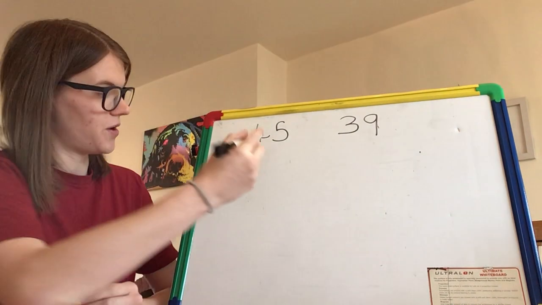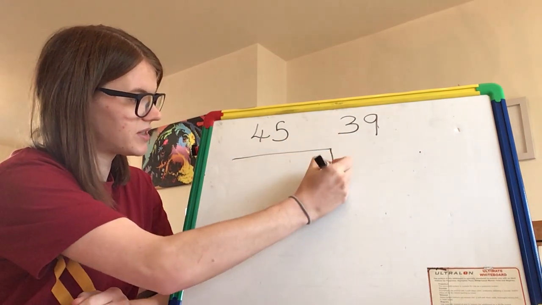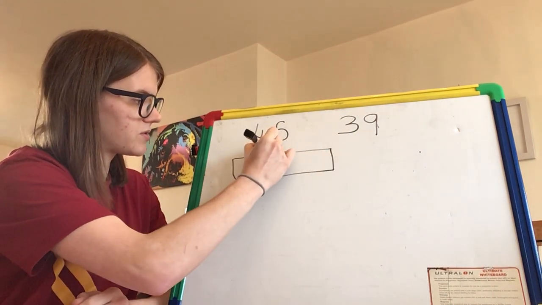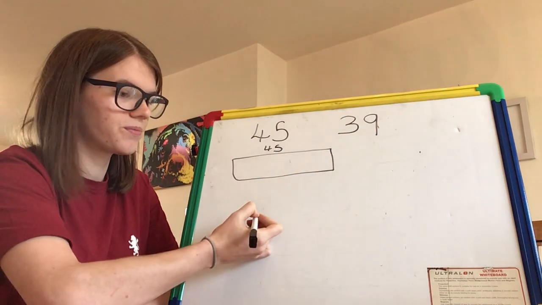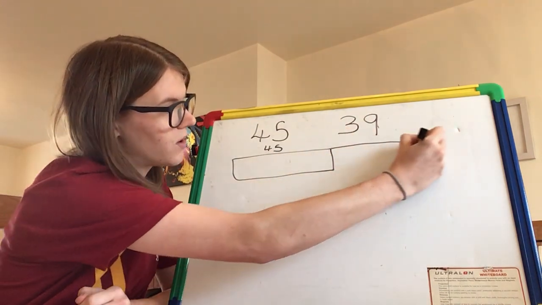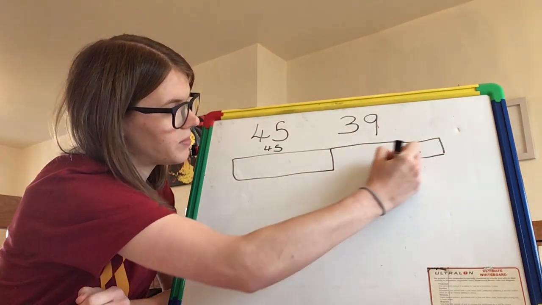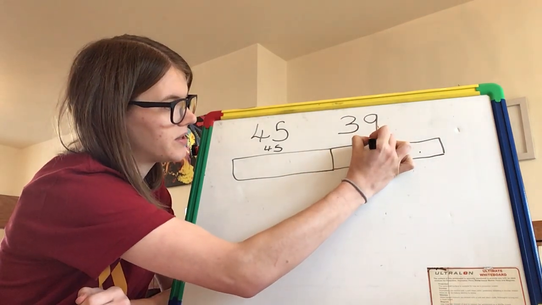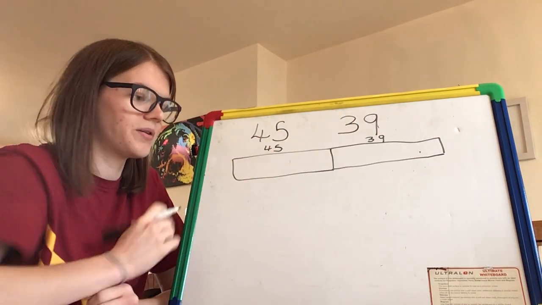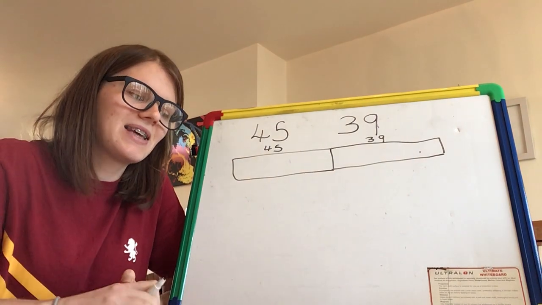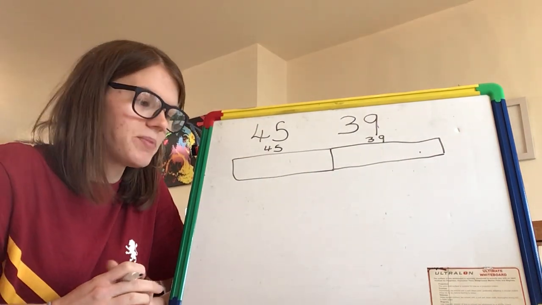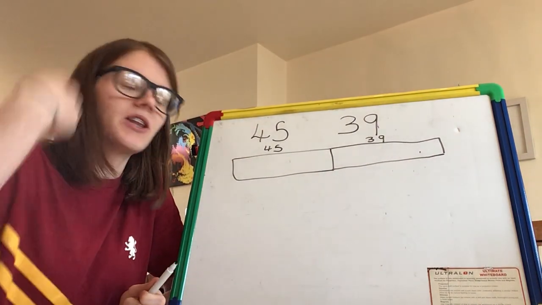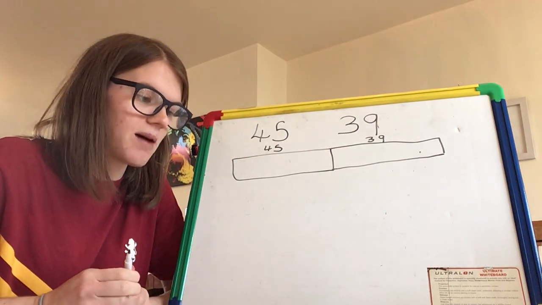Okay, so I'm going to draw out my bars to help me. This one is 45, okay, and this one, oh, sorry, that's a little bit wonky, it's hard to do here. This one is 39, okay. I am adding in this question, okay, because his father has given him 39 extra stamps, okay?